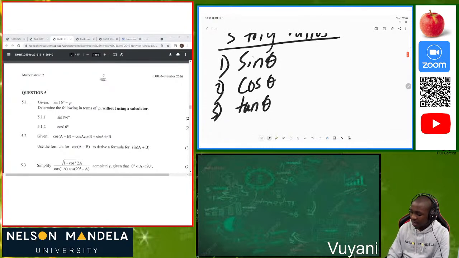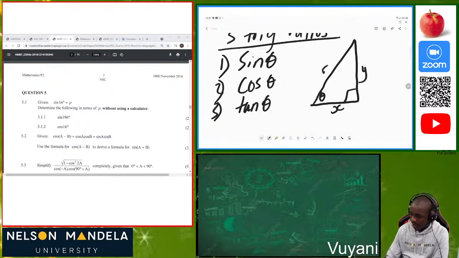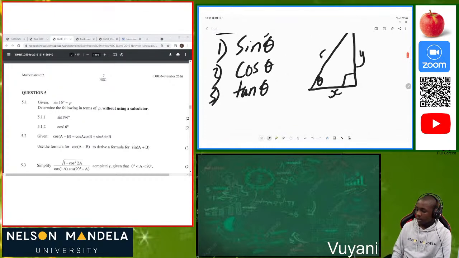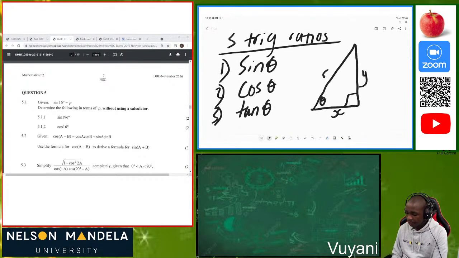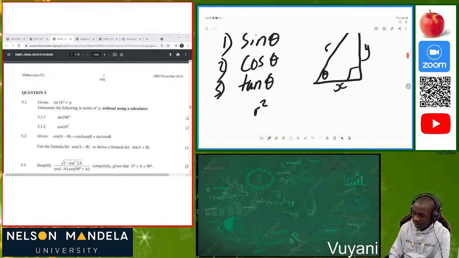Now we apply them, having a right angled triangle. Let me say this is our theta here. This is our x, this is our y, and this is our r. Having this right angled triangle, we know according to the Pythagoras theorem that r squared is equal to x squared plus y squared.